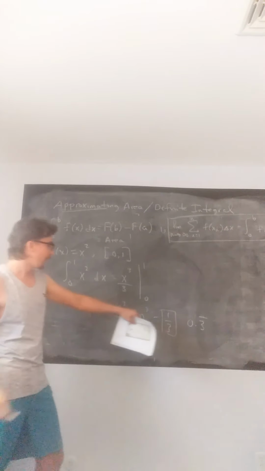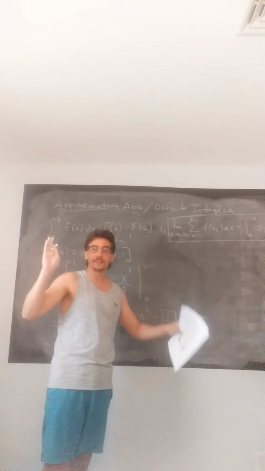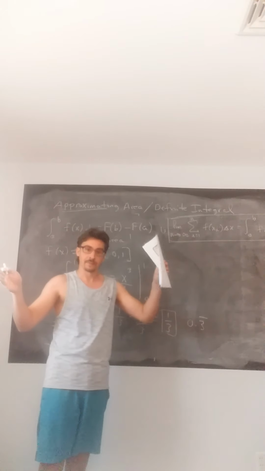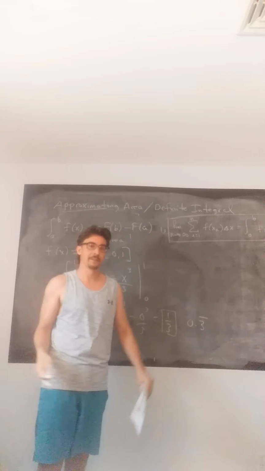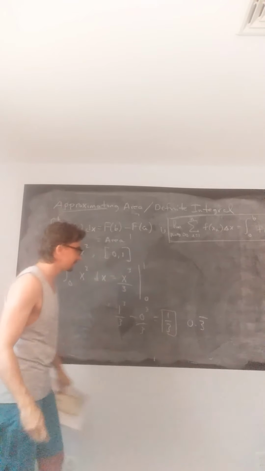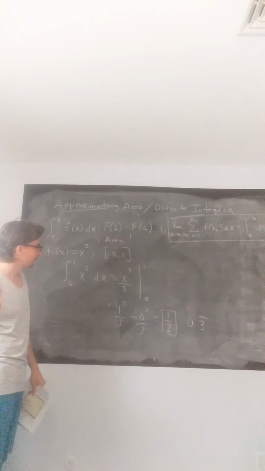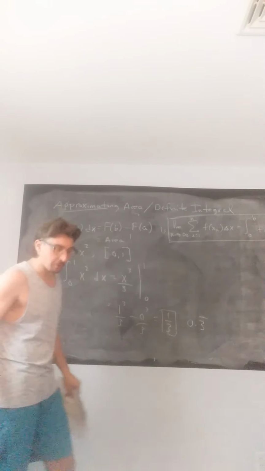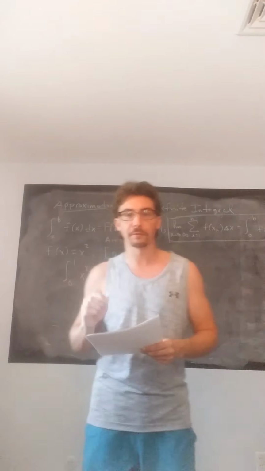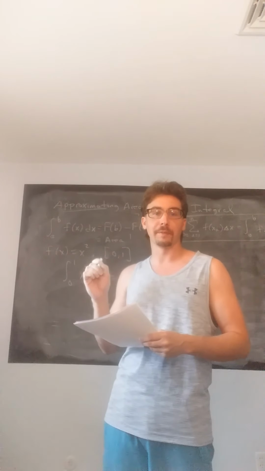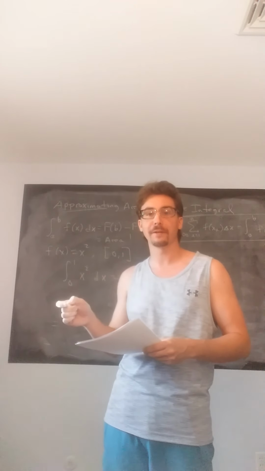So you see how the actual is strictly in between the left and the right-hand endpoint approximations. And that's how it works. So this is pretty nifty. What I did for your homework is you had to go through and use the left endpoints and right endpoints.